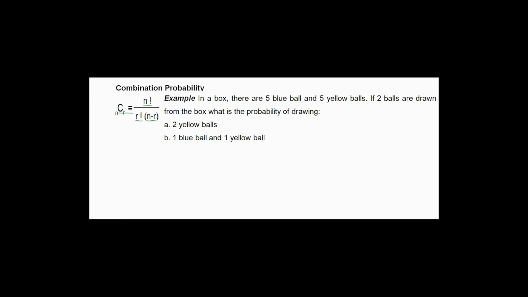So to find n, since n stands for the population or the objects, we have 5 blue balls and 5 yellow balls, that is 10.